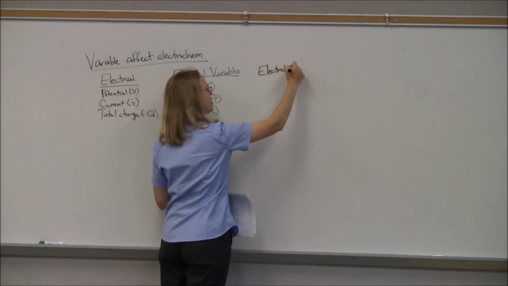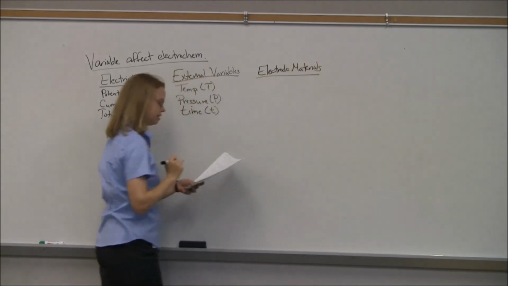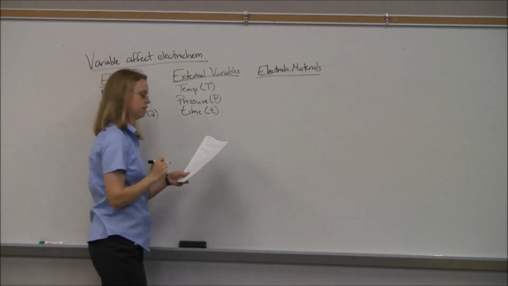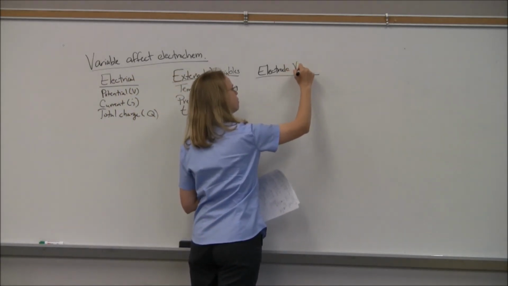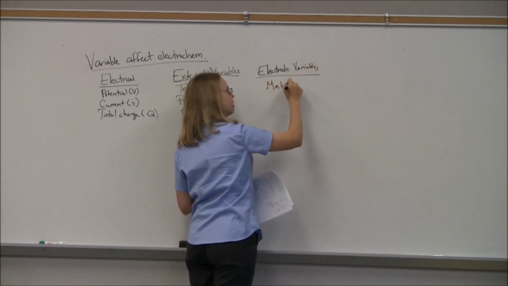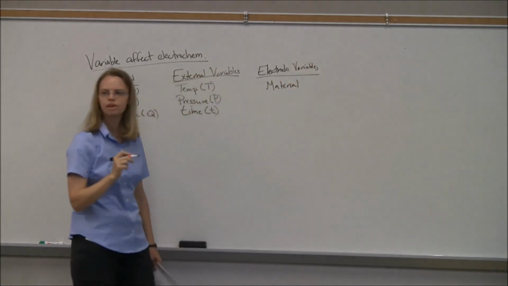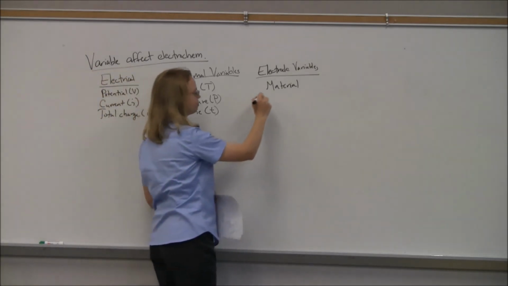All right, another category of variables in electrochemistry is electrode materials. The first one is whatever the material is. We already saw an example of that, reduction of H+ varying based on the electrode material.